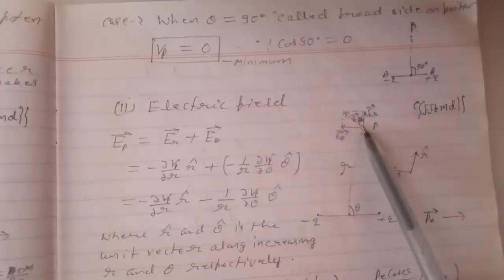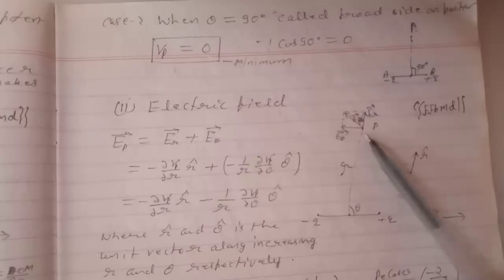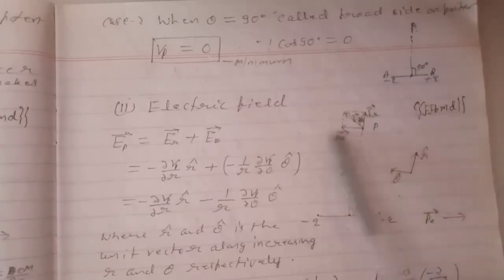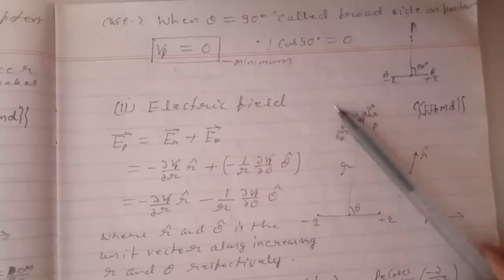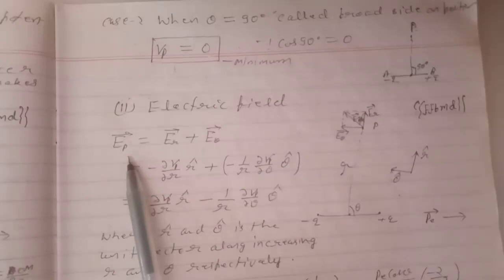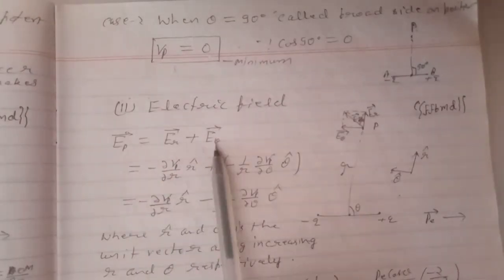At this point there will be electric field components, one in the radial direction and one in the theta direction, and the resultant will be in this direction. So we can calculate Ep vector, the net electric field at point P, as Er vector plus E theta vector.